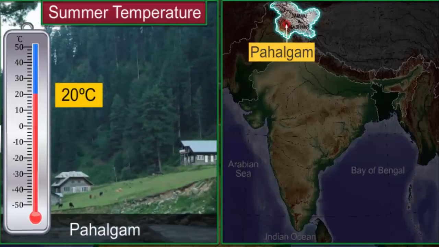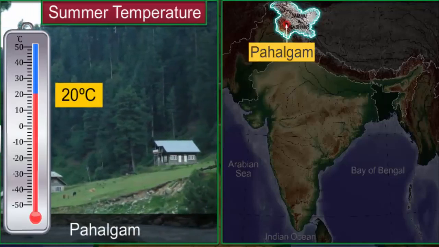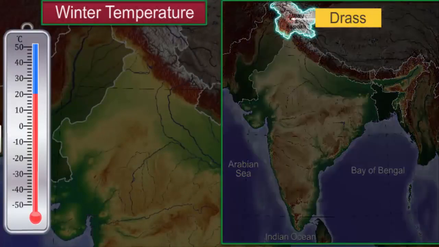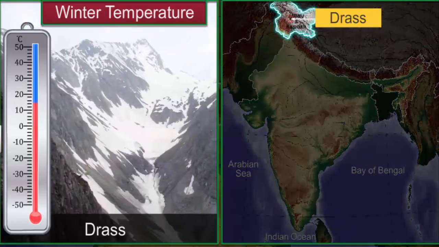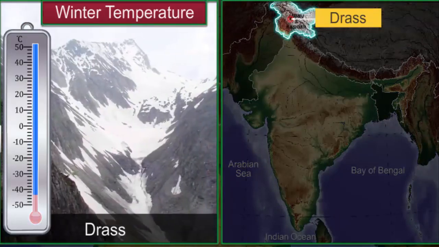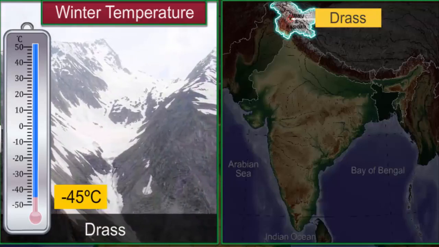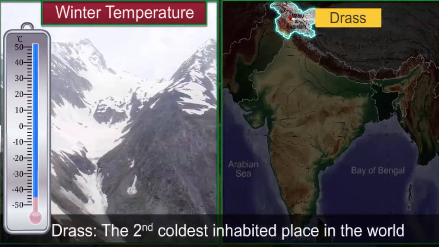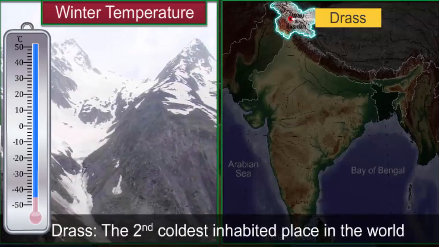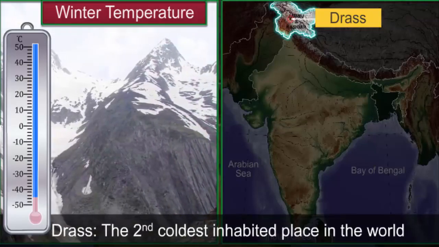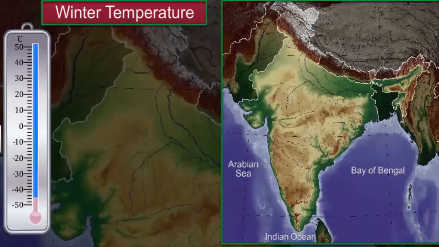During winters, the temperature in Dras in Jammu and Kashmir may fall as low as -45 degrees Celsius. Dras has become famous as the second coldest inhabited place in the world. On the other hand, Thiruvananthapuram may have a winter temperature of 20 degrees Celsius.